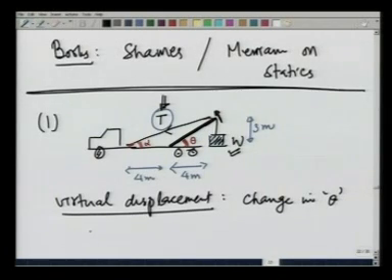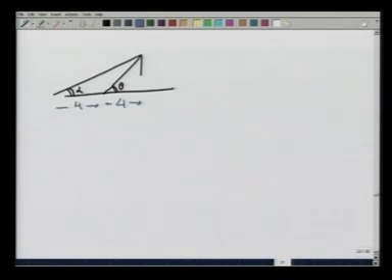So, let us see, at the given position where the distances are given to be 3 meters, 4 meters and 4 meters, the virtual displacement is going to correspond to delta theta, and that will make this point move up in both the x direction and y direction. So, schematically we have theta, alpha, 4 meters, 4 meters, 3 meters, W here, tension T here.